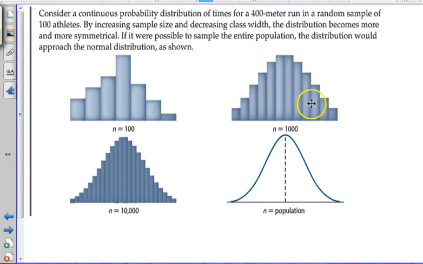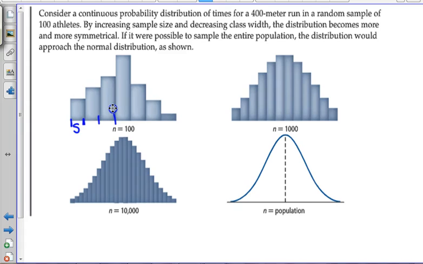This is how they come up with something like that. If they had a 400-meter run and they put 100 people's times in, and they separated it by, say, a 5-second difference, from this time till 5 seconds later, 5 seconds later, and they lump the people in categories.